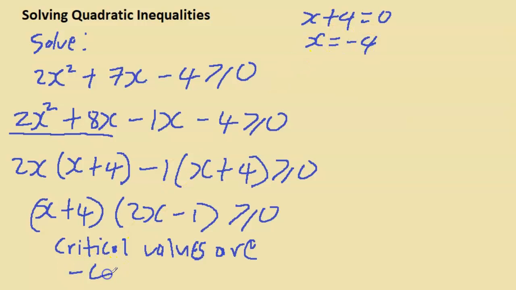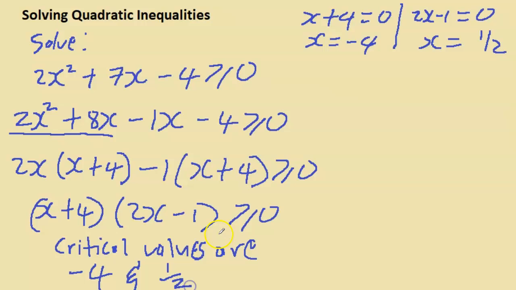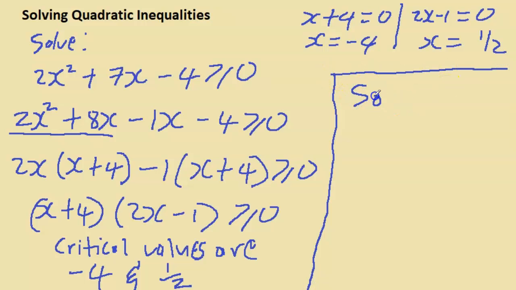So negative 4 is a critical value. And if you equate 2x minus 1 to 0 and solve, you get x equal to half, or 0.5. So the critical values are negative 4 and 0.5, or half. And then we can easily write our solution set once we have our critical values.